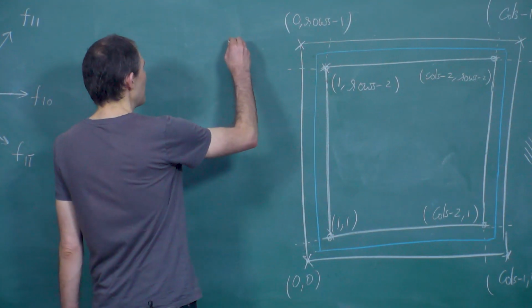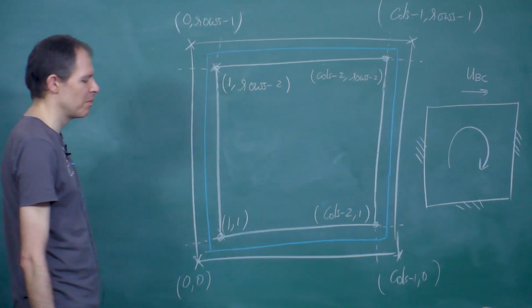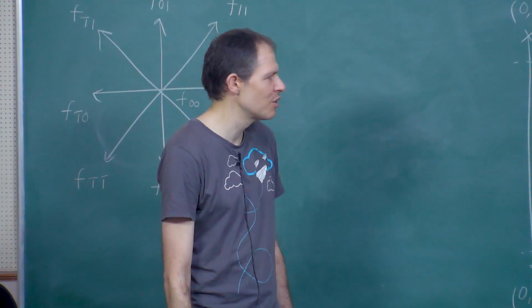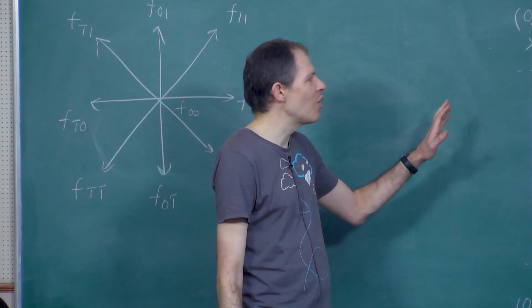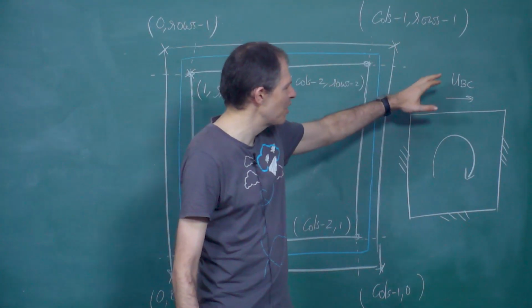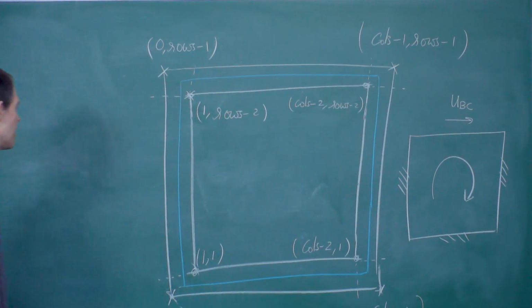So yesterday we talked about the bounce back boundary condition, and in particular the velocity bounce back boundary condition, which we will also use today for the lid-driven cavity example, because we have a moving boundary here and we have resting boundaries in other places.